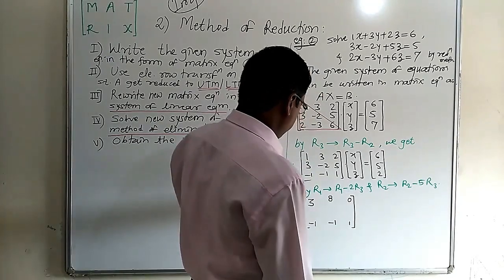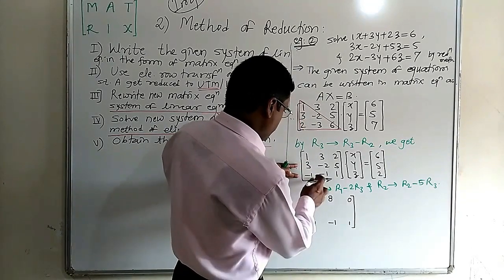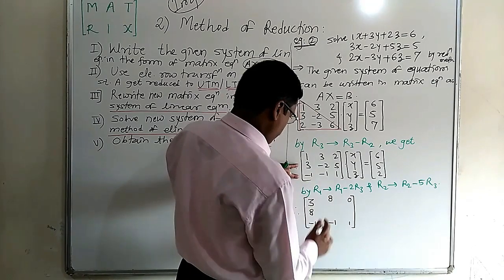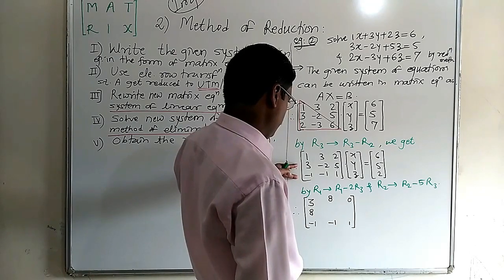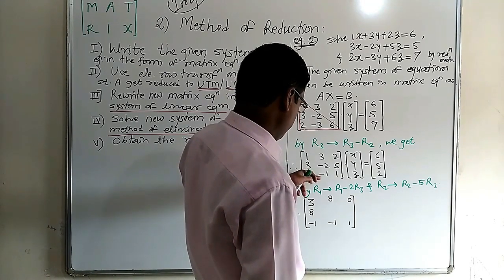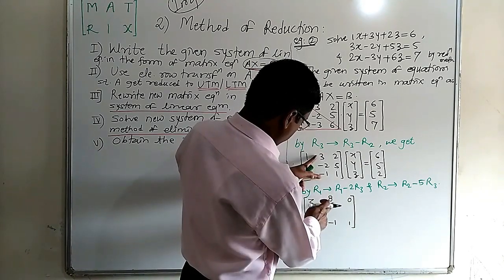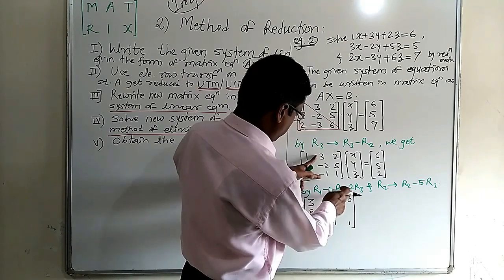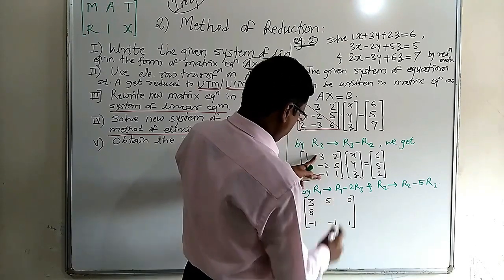Then R2 changes, minus 5 times, so 3 minus 5 times this means plus 5, so we get 8. Here R1 minus twice of R3, minus 2 means plus 2, plus 3, 5.